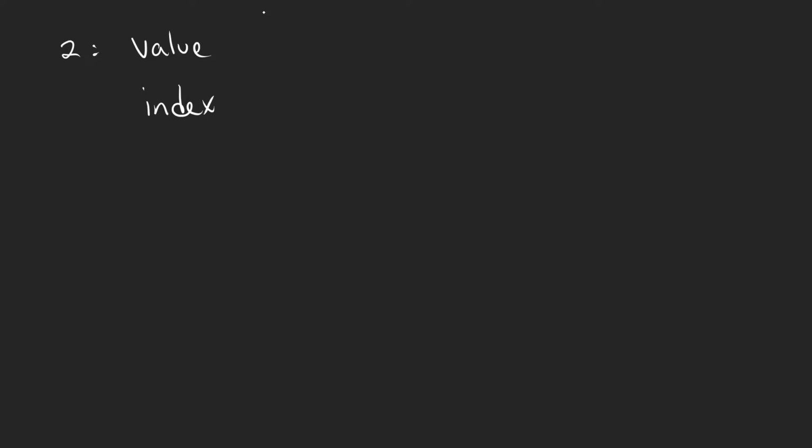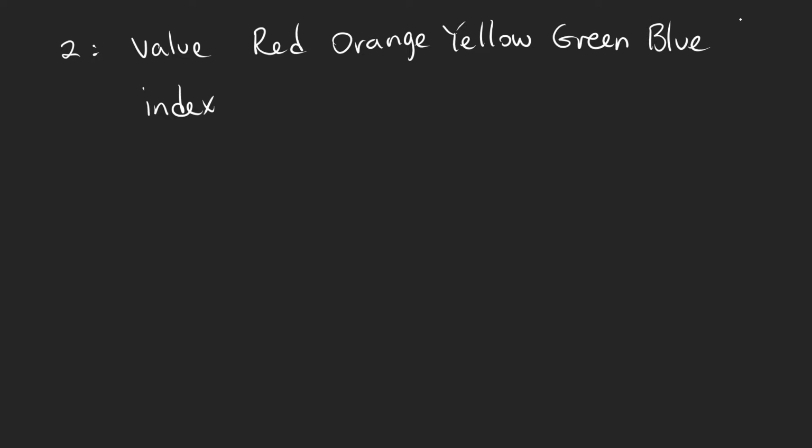The values inside of our previous list of colors were red, orange, yellow, green, blue, indigo, violet. The index is just the computer's way of saying, what is the position of the value? The computer is going to be reading off the index in order to get the value out of a list.